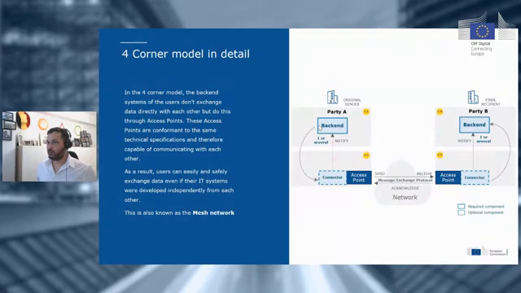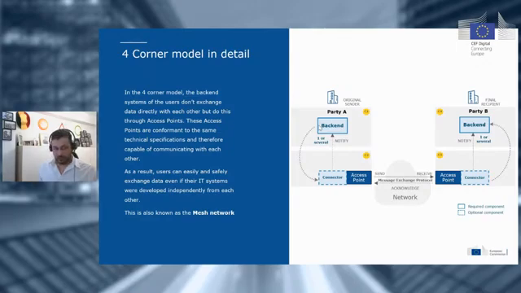So first we will go through the four corner model again. It is important to understand this terminology because I'll be using that in the following presentation. When I say corner one or C1, corner one is the party A backend which wants to send a message.